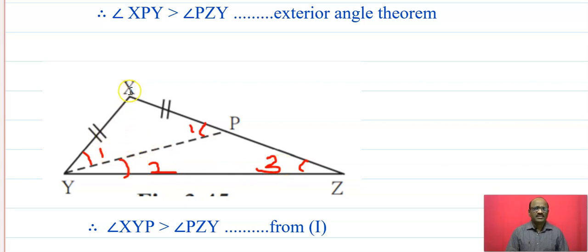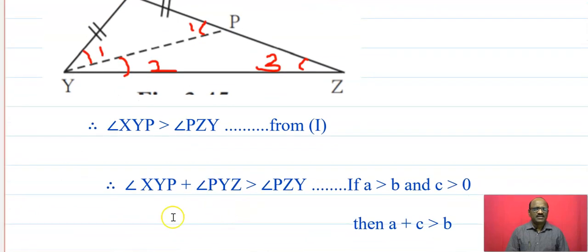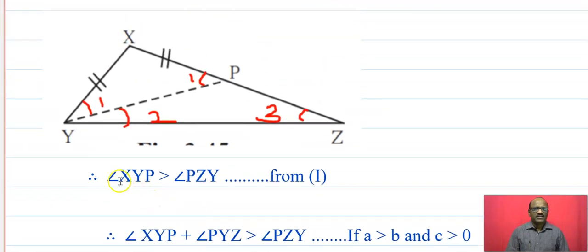That is, if I add measure of angle XYP plus measure of angle PYZ, it is clear that this sum is greater than measure of angle XZY. That is, measure of angle XYP is greater than measure of angle PZY.